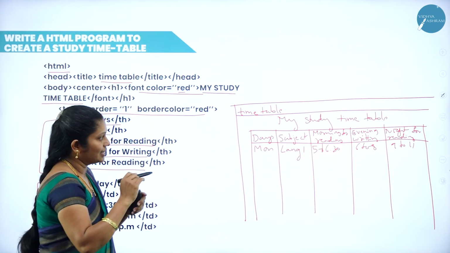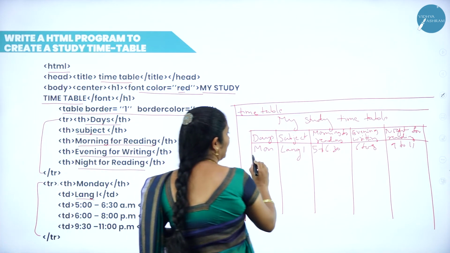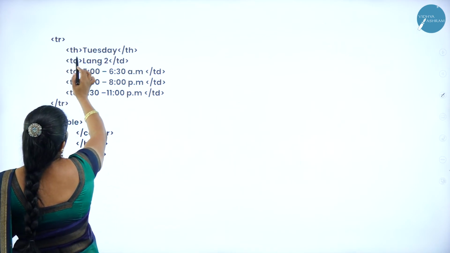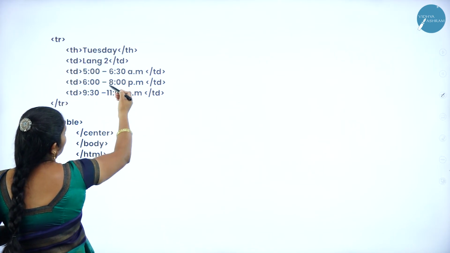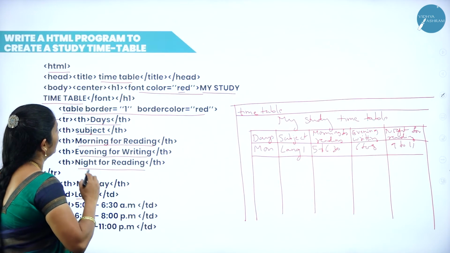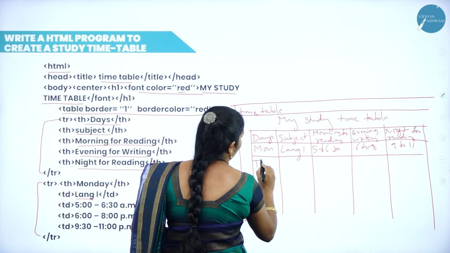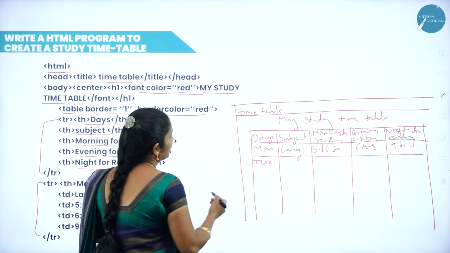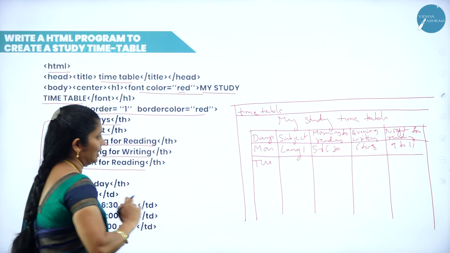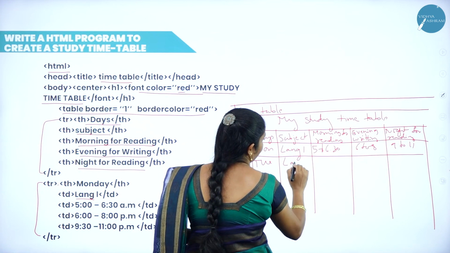Now it's clear. In the same way, if you want to write the remaining content, you write it once again in table format. Next, see Tuesday. Which language do we want? Here we have selected language 2.